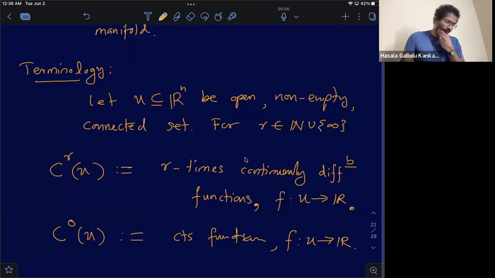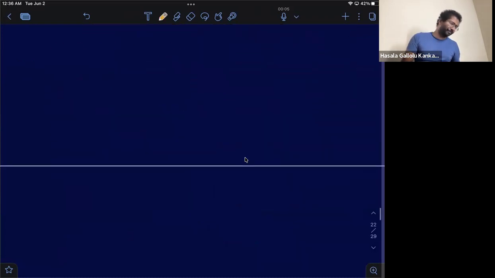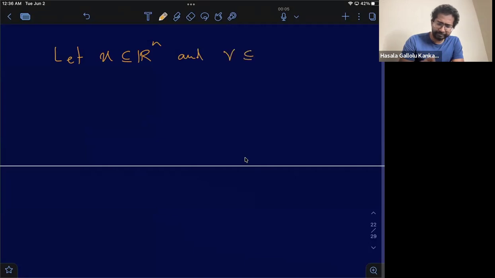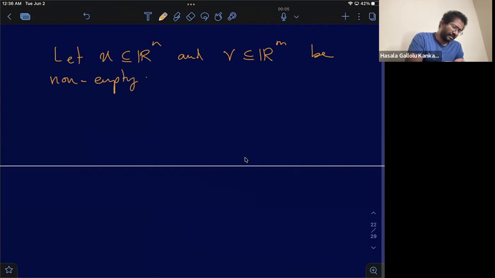And then a couple of points. Let there be non-empty sets, one living in Euclidean space Rn, the other one in Rm.